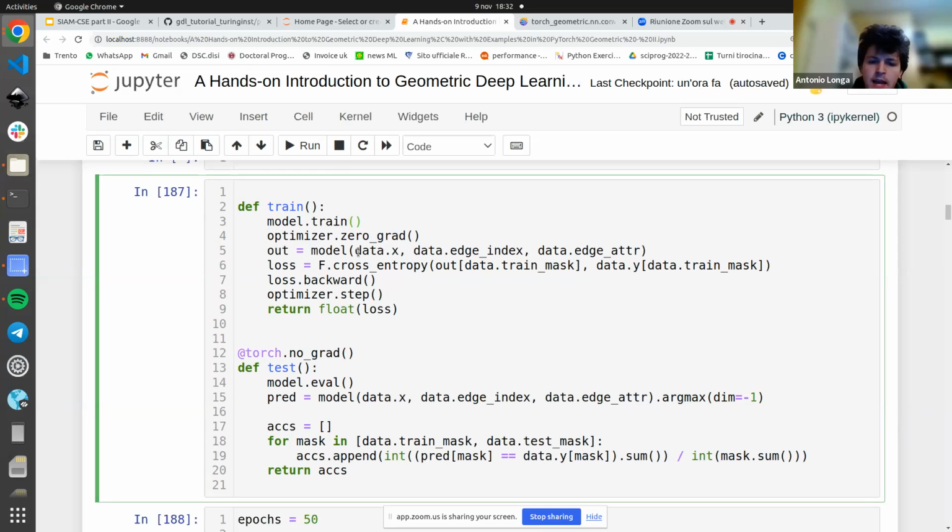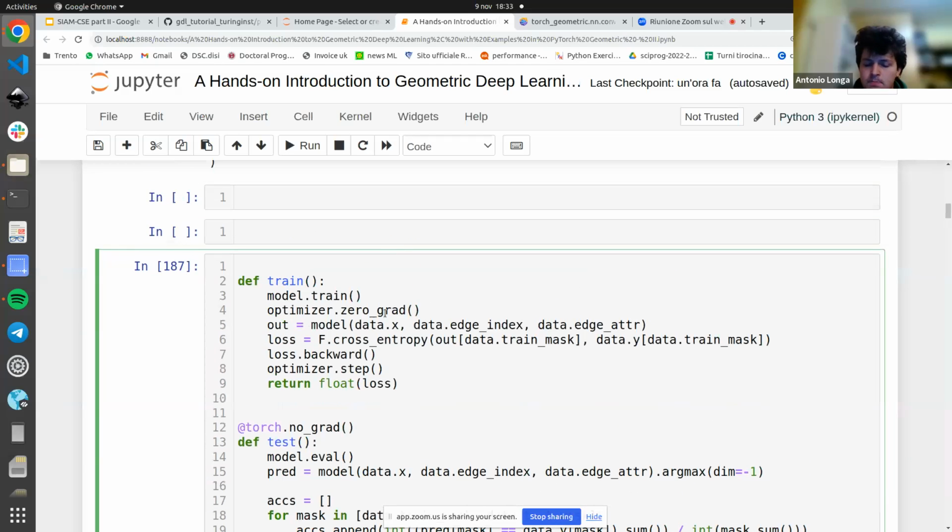Then we have to apply the zero grad to our optimizer, as we do in PyTorch. And then we compute the prediction of the model. And look here, we are specifying an X, an edge index, and edge attributes that is going to be None, but it doesn't matter. And here we have a prediction of our model.